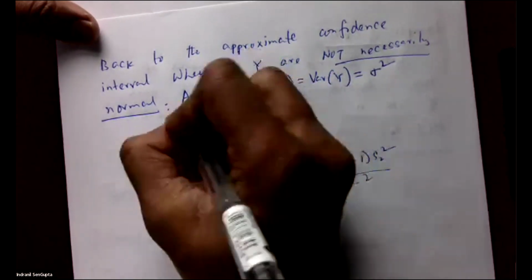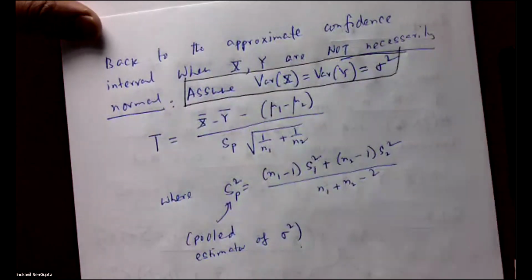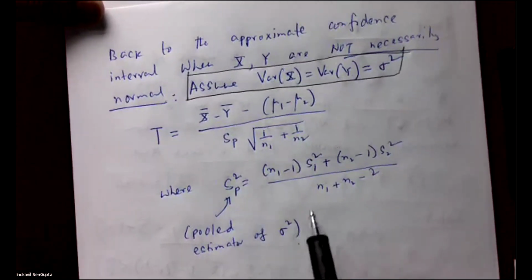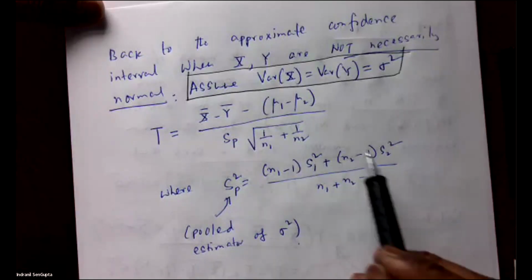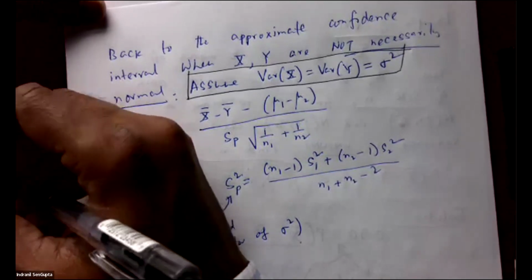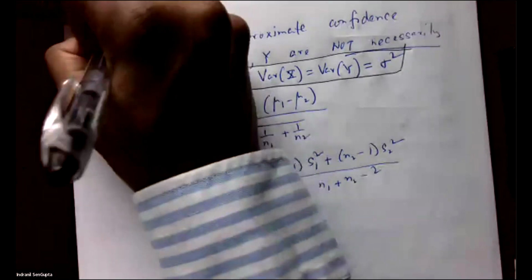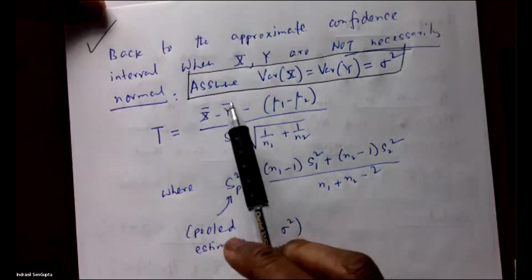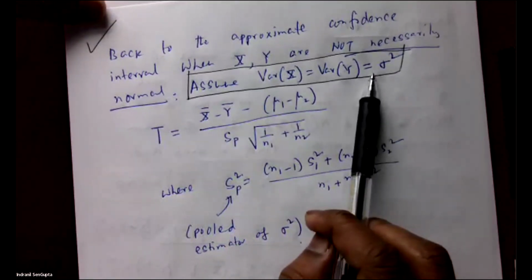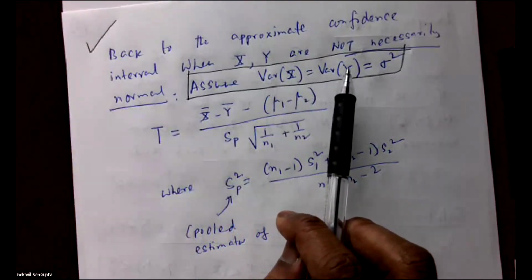That's an assumption which is used here, and the estimator for sigma squared is this. So we are now in the situation where the variances are the same and the distributions are not necessarily normal. It can be any distribution where the variances are the same.